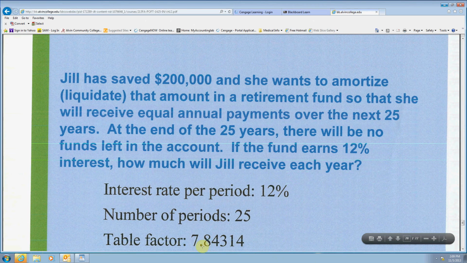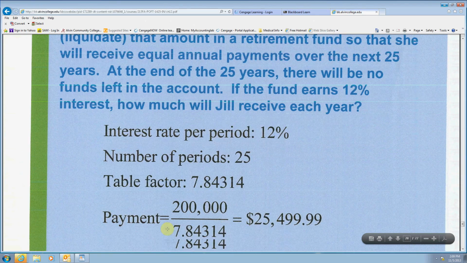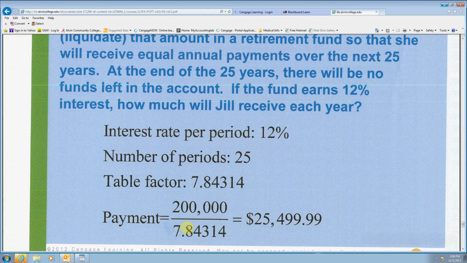We find the table factor is 7.84314, and so we would take the amortization original amount, and it was $200,000, and divide it by our factor to get $25,499.99 she would get each year for 25 years, and that would liquidate the $200,000 retirement fund.